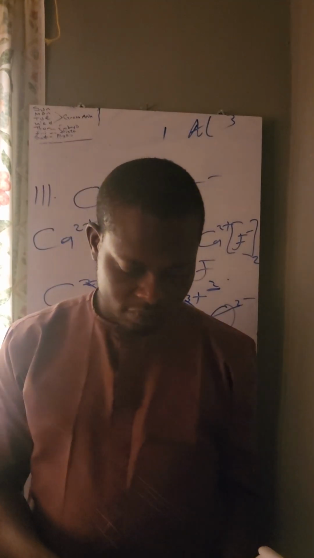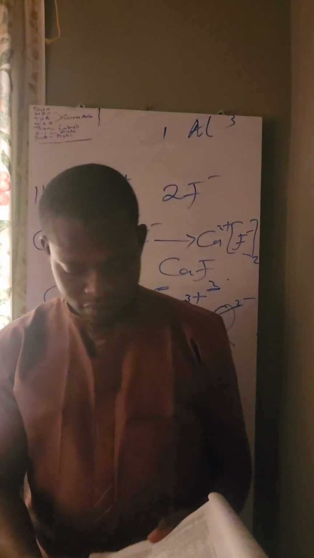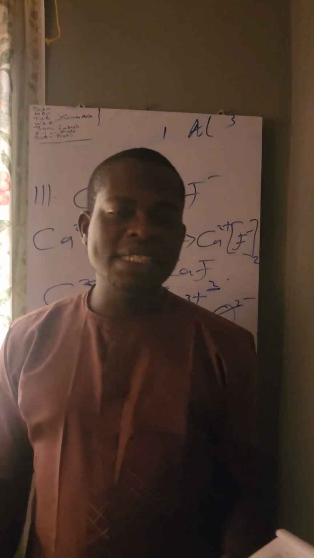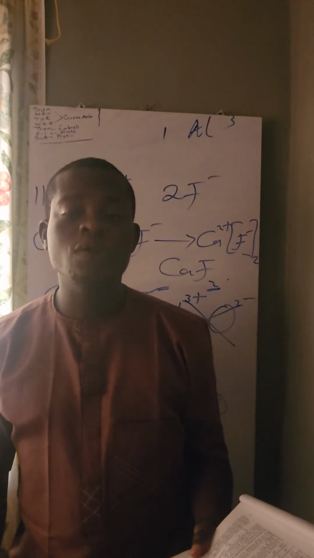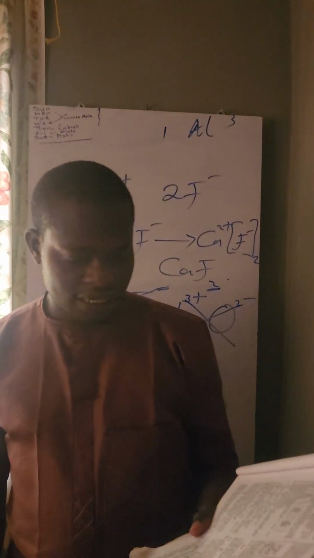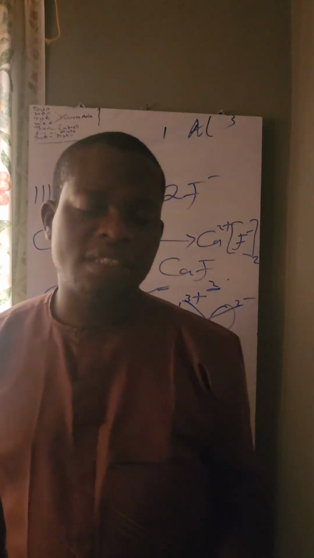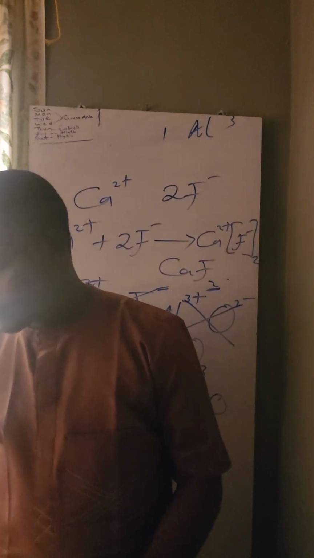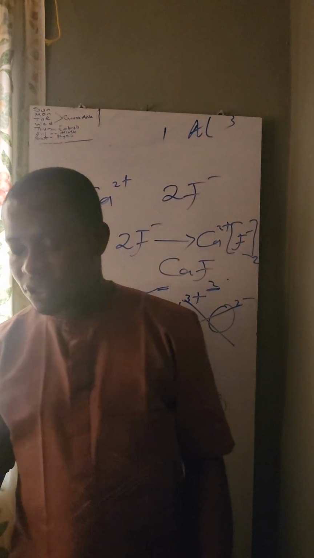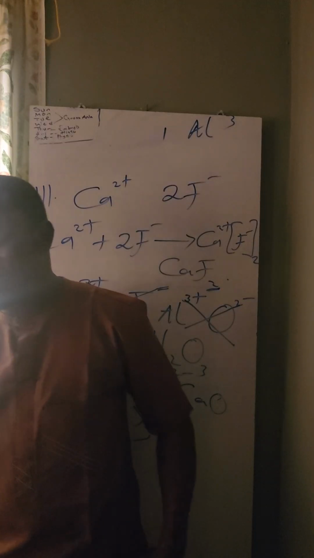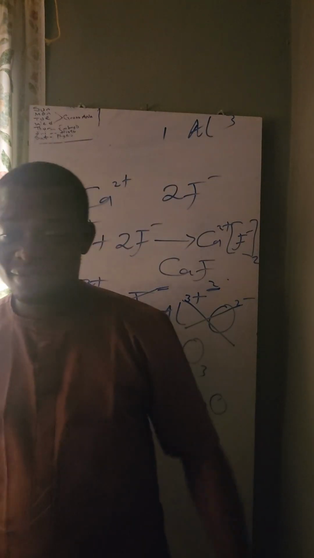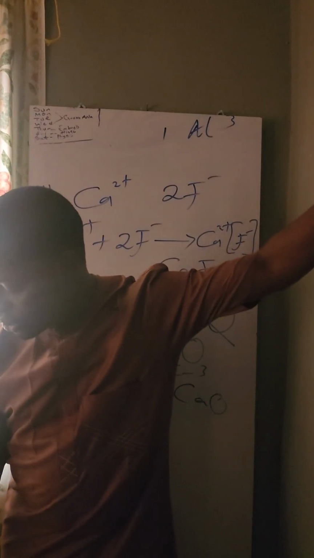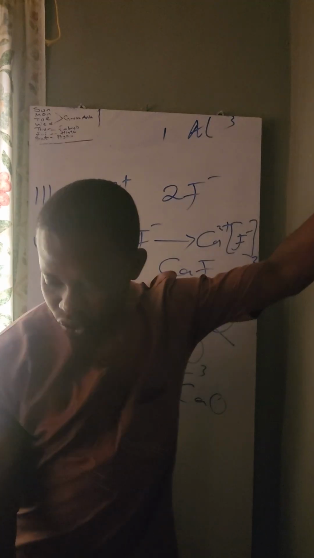Number 1: electrovalent compounds exist as aggregate ions of opposite charge, which are held together by strong electrostatic force. That's number 1.